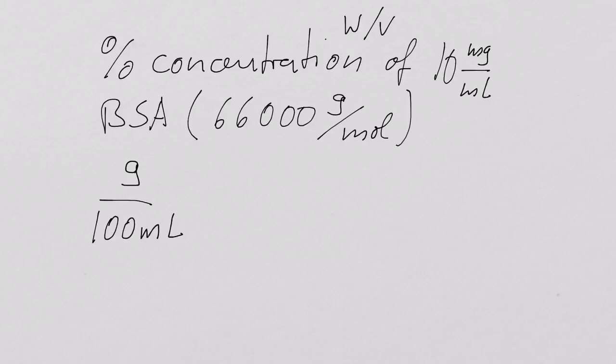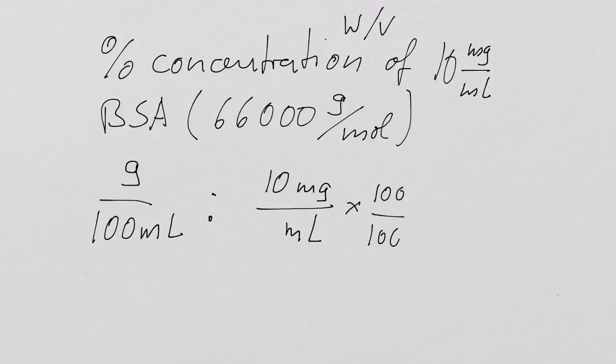Now, what have we got? We have 10 milligrams per milliliter. But what we actually want is 100 milliliters. So all we need to do is we extend this fraction by 100.